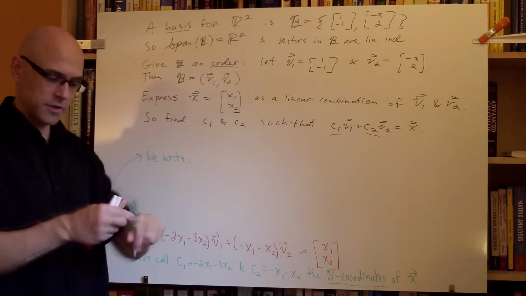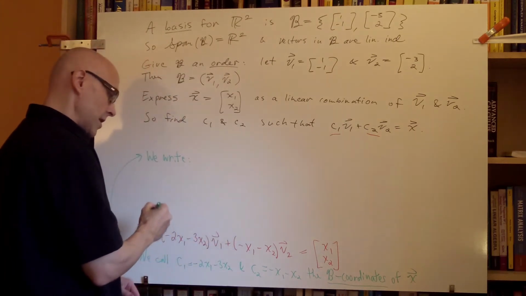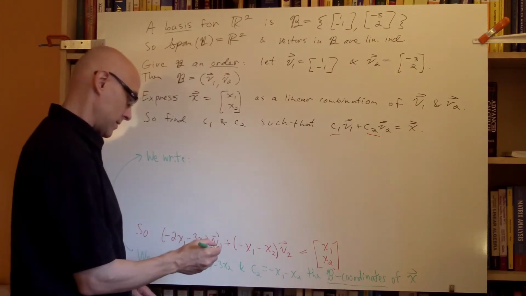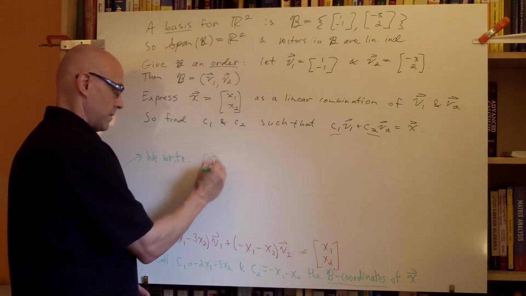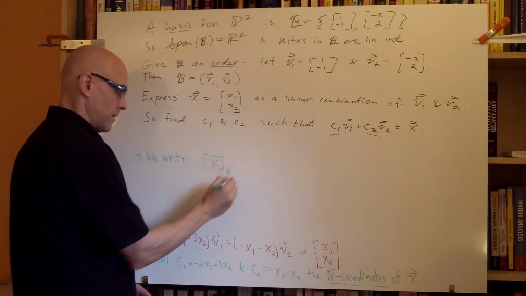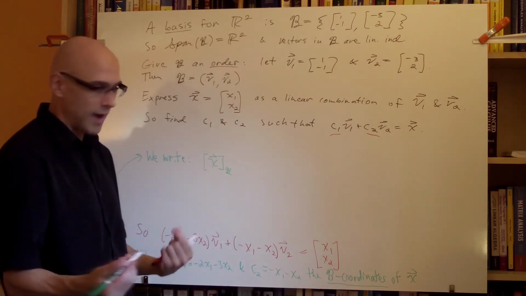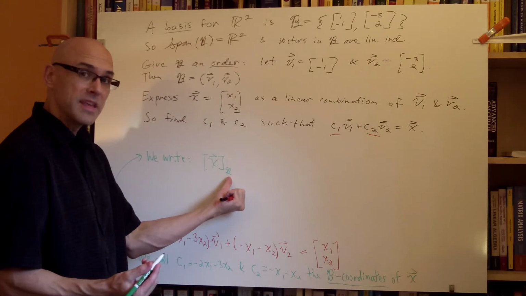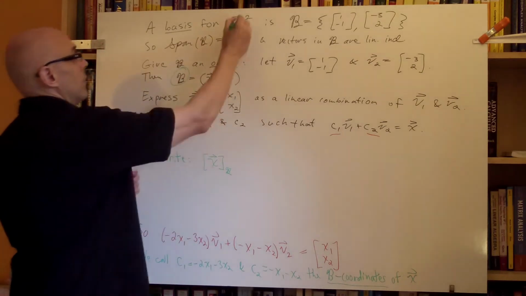We write as follows. The B coordinates of x symbolically can be written like that: x surrounded by square brackets with the little subscript B there indicating our basis for R2.